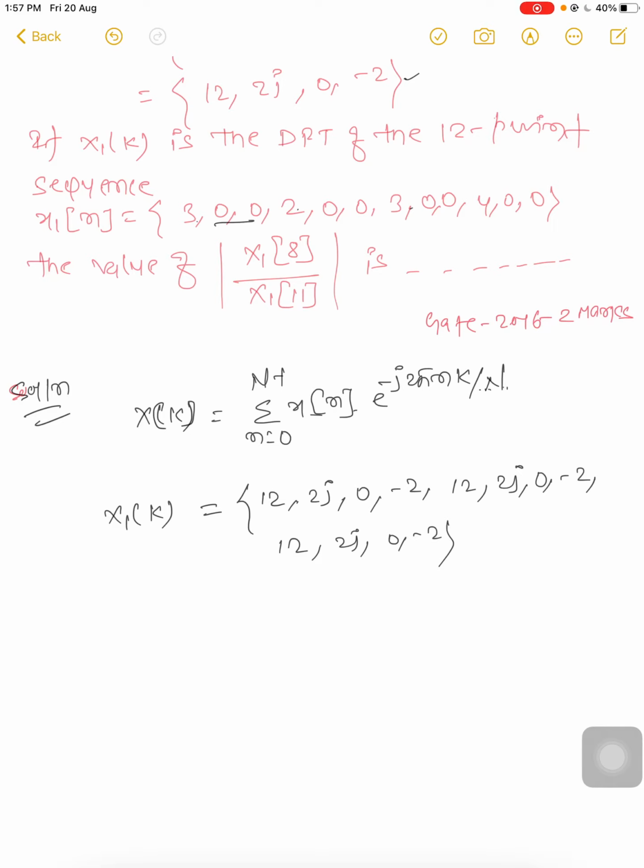Okay, and from here you can find X1(8) upon X1(11) mod. So counting 0 1 2 3 4 5 6 7 8, the 8 position is 12, and counting 8 9 10 11, the 11 position is -2.